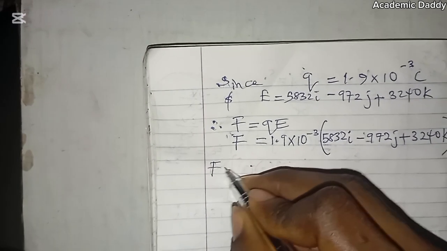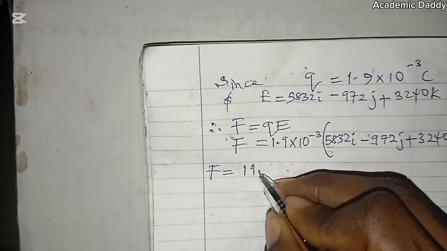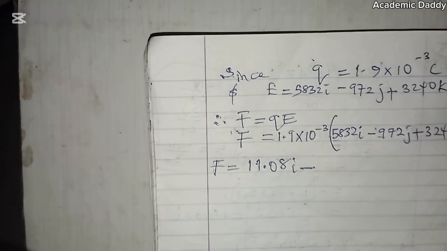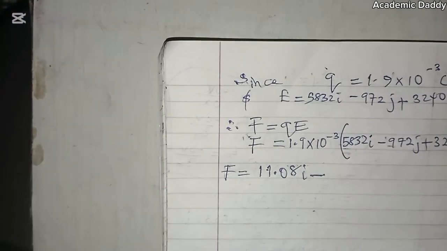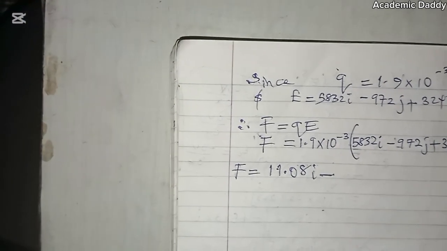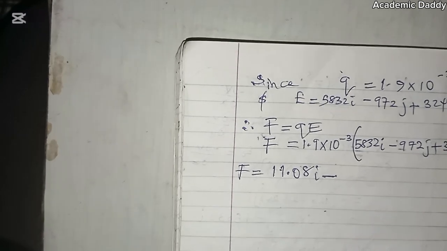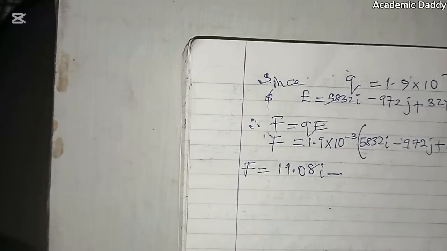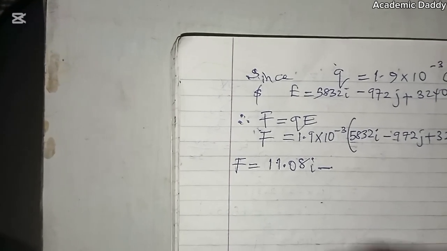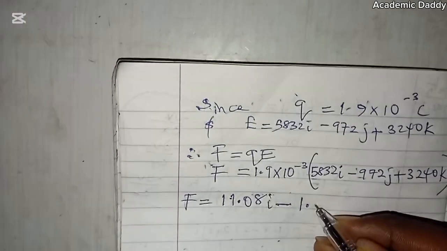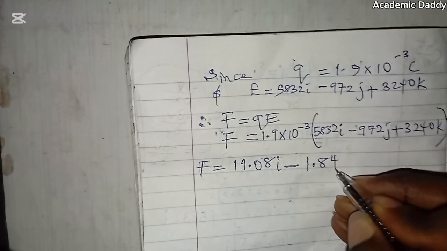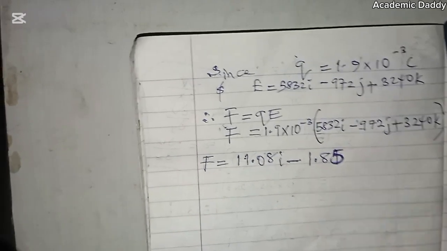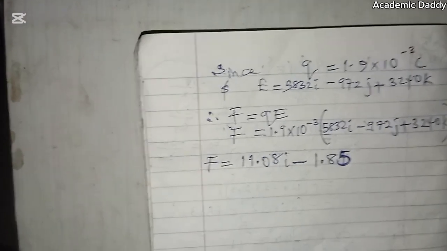So we have F is equals to 11.08i minus 1.9 times 10 raised to the power minus 3 times 972. So you have 1.8468 or 1.85.